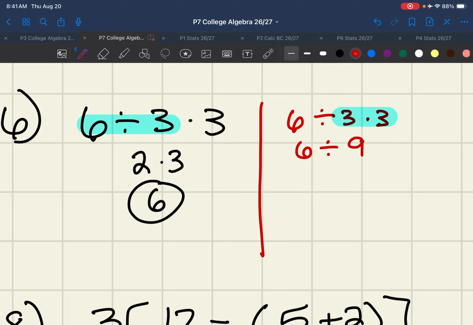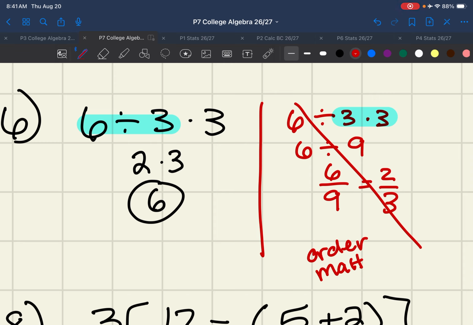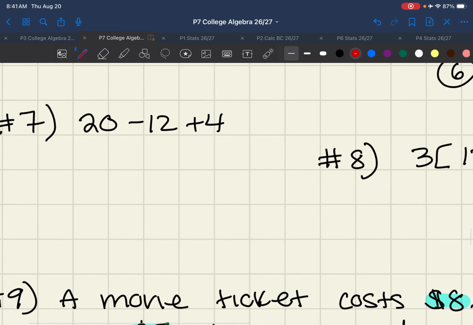Well, 6 divided by 9 is the same as saying 6 over 9, which is a fraction that reduces to 2 over 3. Notice how 2/3 is not equal to the answer that we got, which was 6. That's why the order matters. Always left to right.